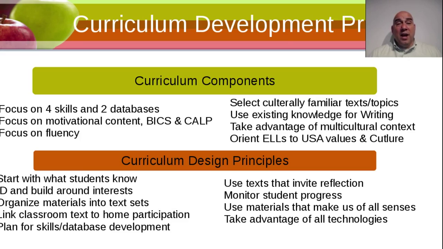Lastly, you want to try to orient your students to the culture and values of life here in the United States. And that may mean that you're going to talk to them about some of the values like rugged individualism, or coming here for liberty. So another big thing here is liberty, and the freedom to do what you want, or the freedom to move up in the world, the freedom to get a good education.